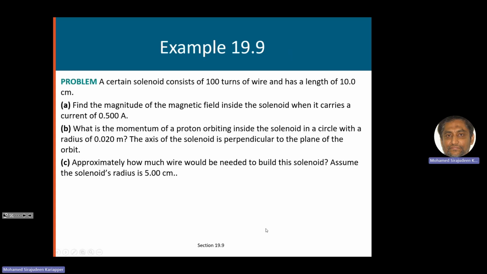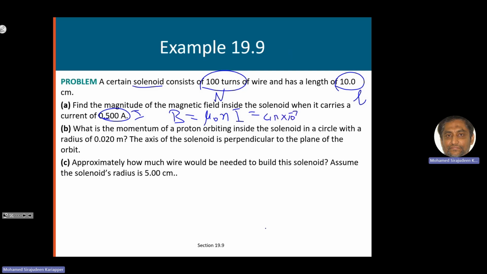Right, it's a very easy question. We have a solenoid. This is the number of turns, and the length of the solenoid, that is small l. Find the magnitude of the magnetic field inside the solenoid when the current is I. So it's just a simple equation. B is equal to mu zero n I. Mu zero is 4 pi times 10 to the minus 7.